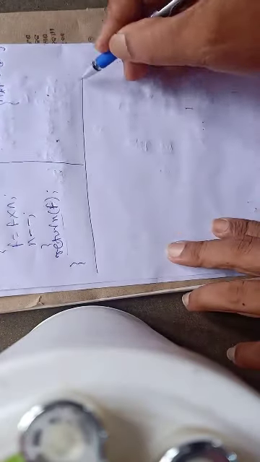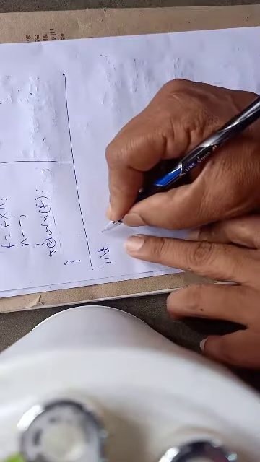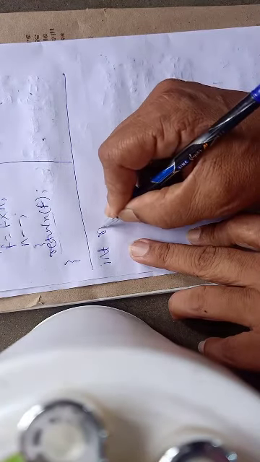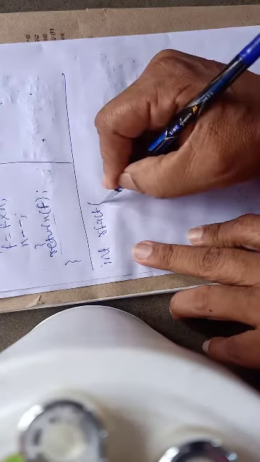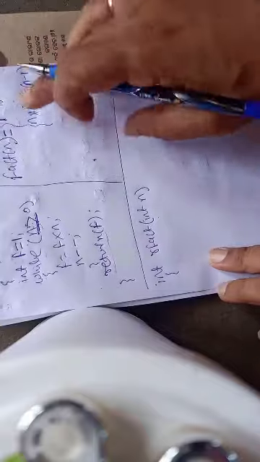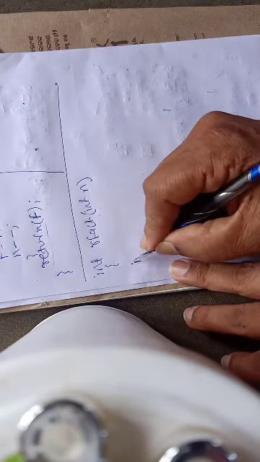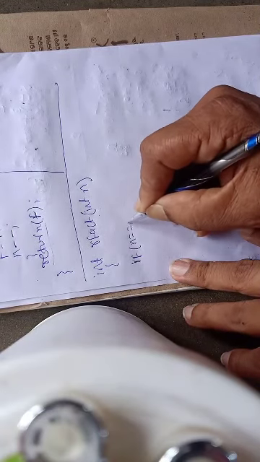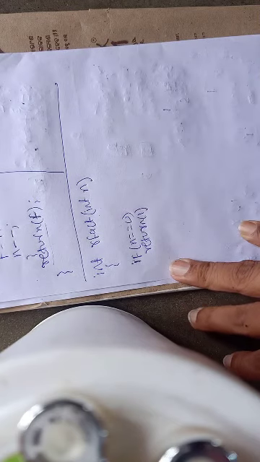So how can I create a recursive program? See, I can write int, then let's say the name of the function is rfact. Rfact means recursive fact, and then I will write int n. So look at the formula here. So this is my exit criteria. So straight away I can write if n equal 0, return 1.